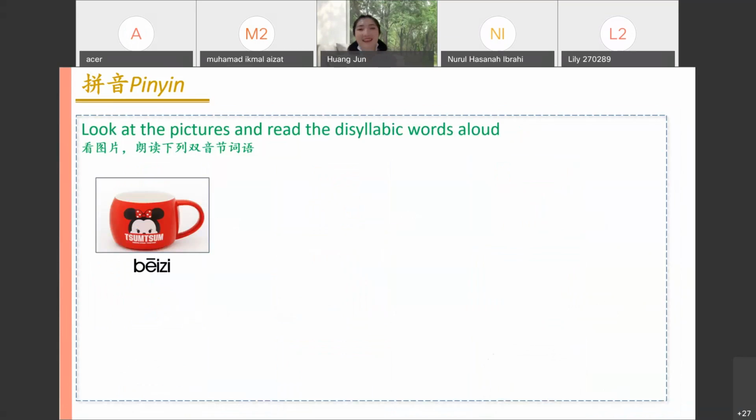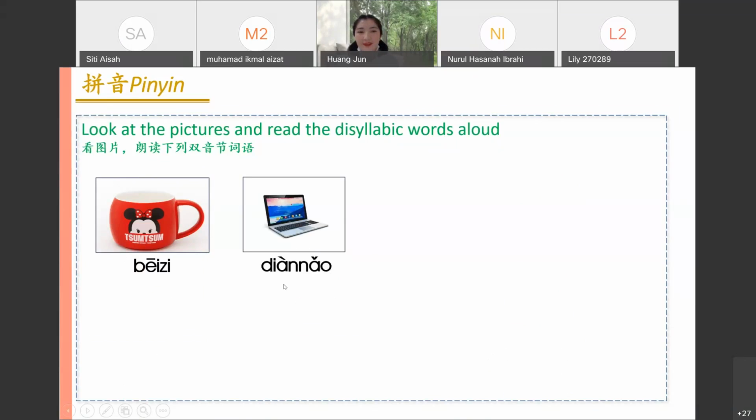This one also belongs to Mandarin one. All the words shown here belong to Mandarin one. You must remember. 杯子, laptop 电脑, 电脑.